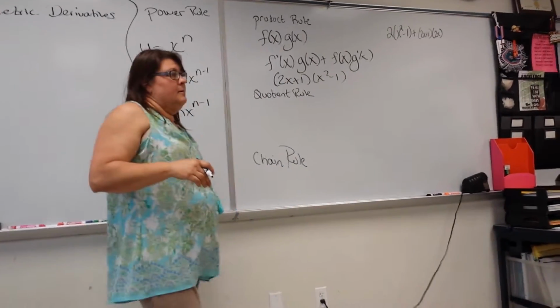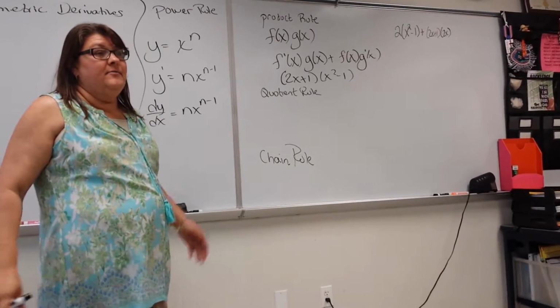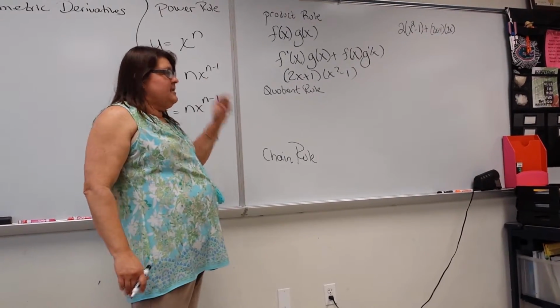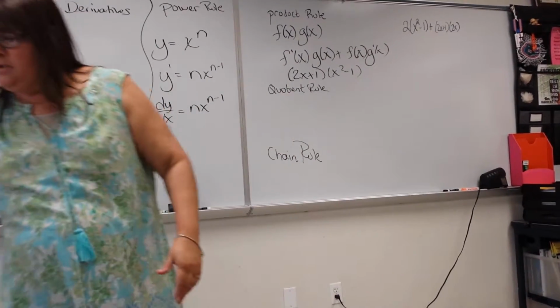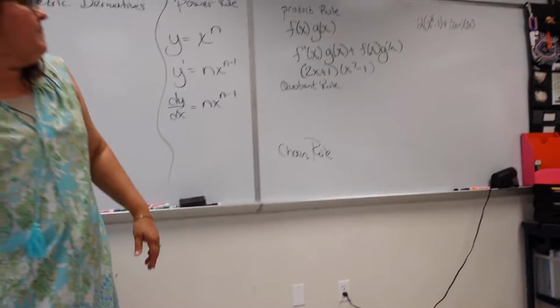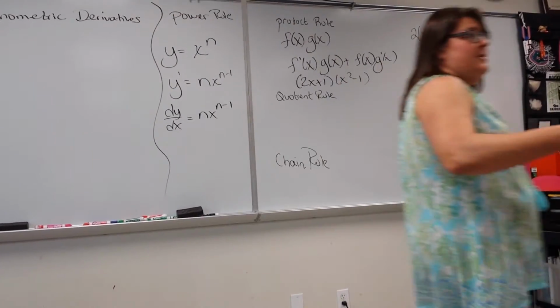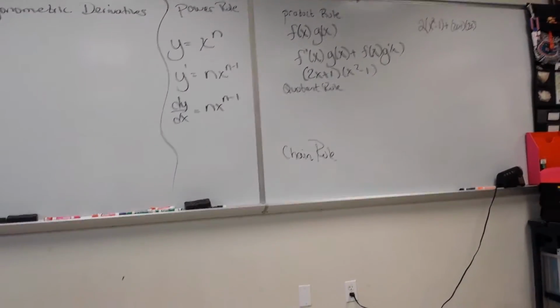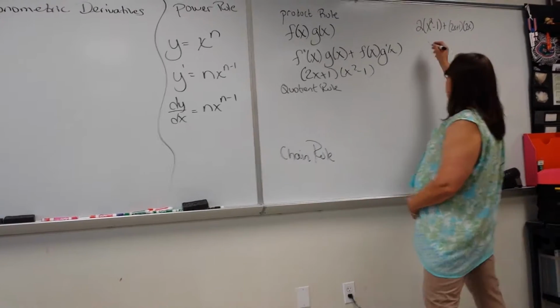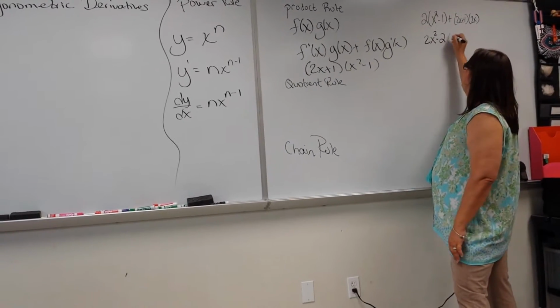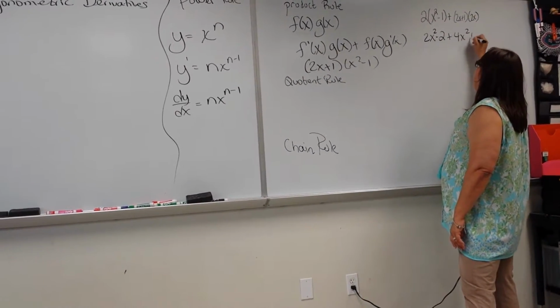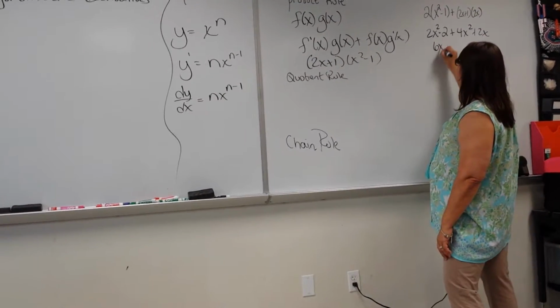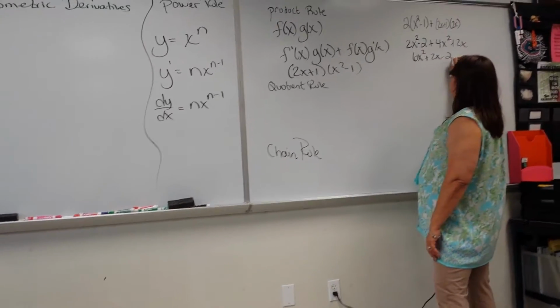Now it's just back to algebra, right? Remember, calculus is this much calculus and a whole lot of algebra. So we're going to distribute, add like terms, and clean it up. A little bit of math magic. So 2x squared minus 2 plus 4x squared plus 2x, for a total of 6x squared plus 2x minus 2.